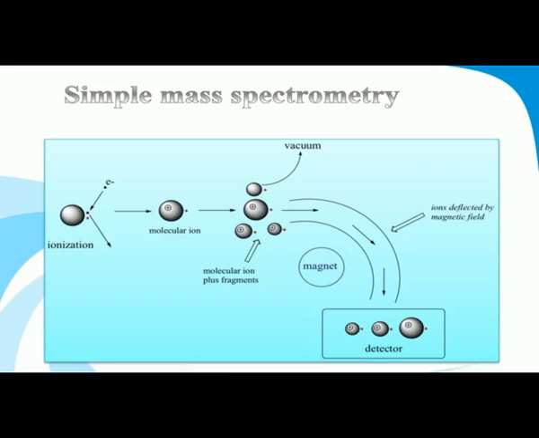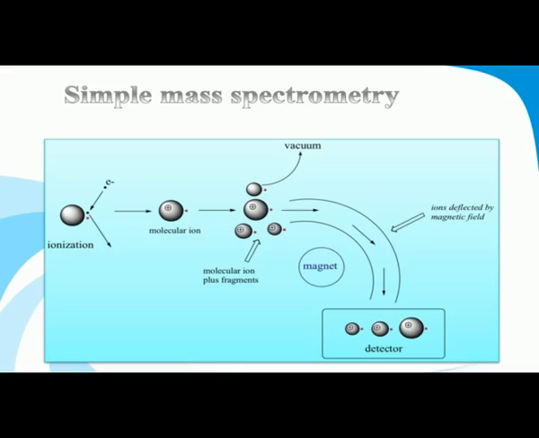What is the use of the magnetic field here? Because of the magnetic field, it will eliminate the neutral molecules and only positively charged molecules can move further. Because the magnetic field is applied, molecules will not hit the detector randomly and a proper mass spectrum will be obtained.